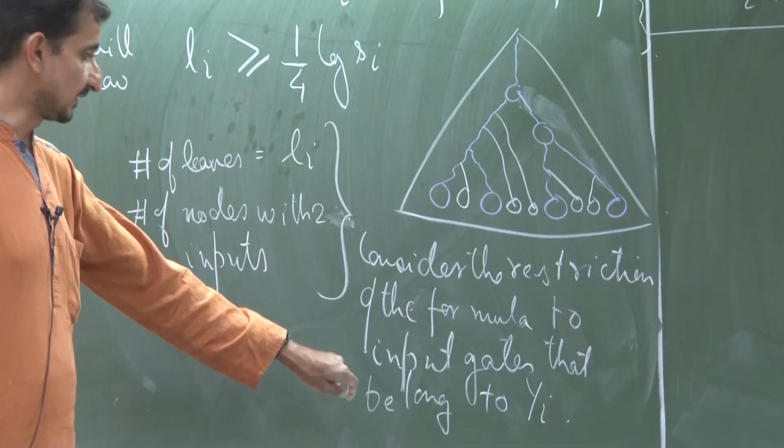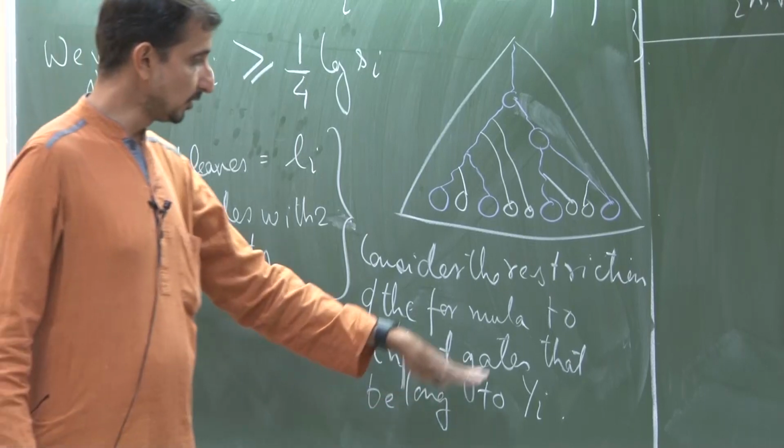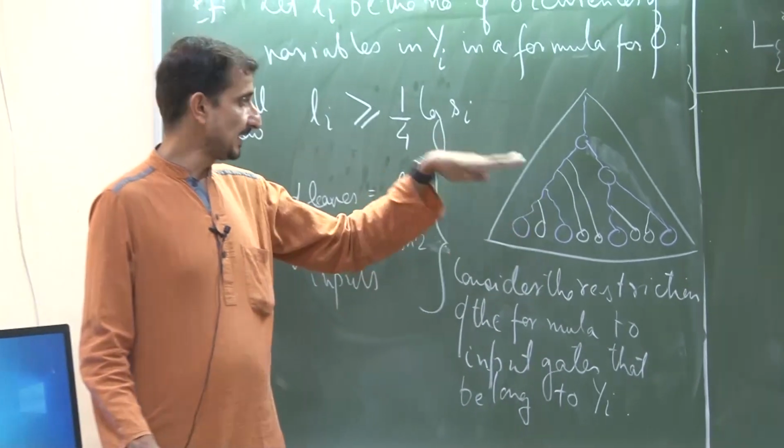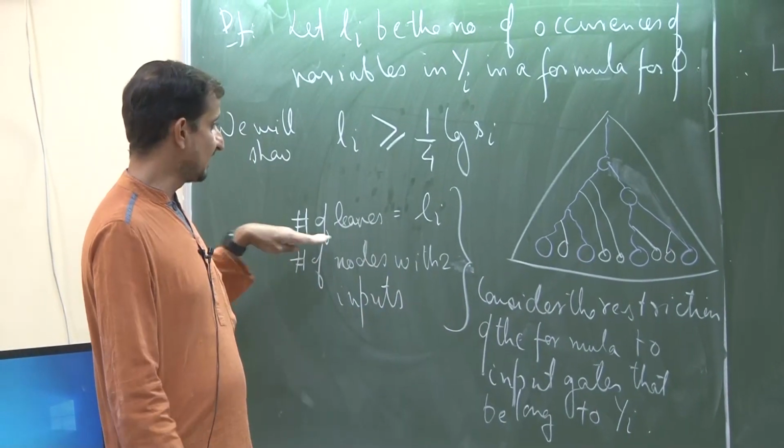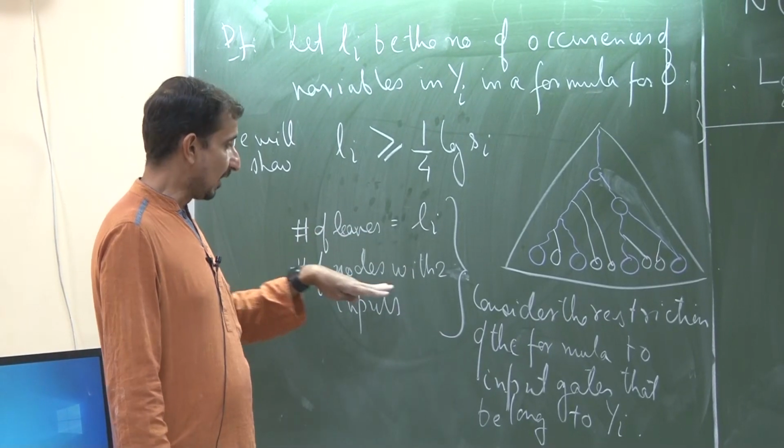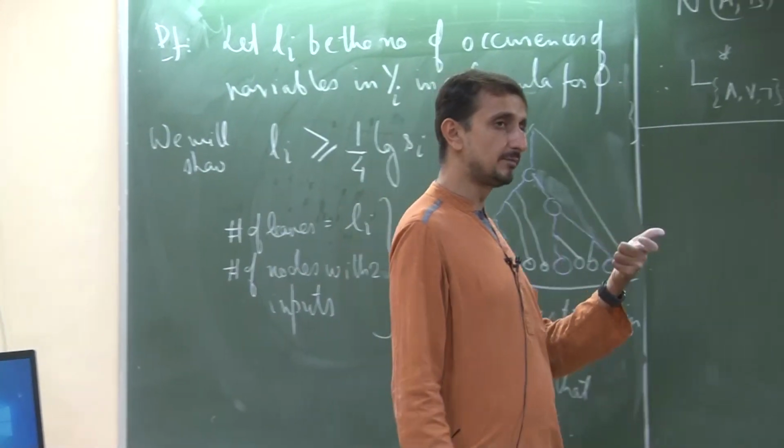I am considering the restriction of this formula to the input gates which belong to yi, and in this formula I am counting how many leaves there are, Li, and how many nodes there are which have 2 inputs.